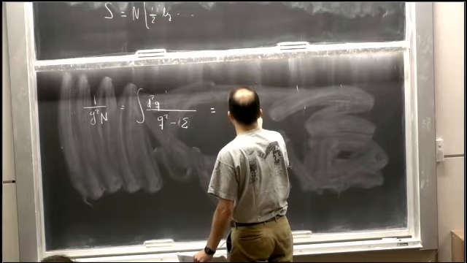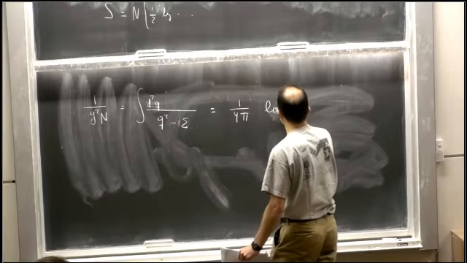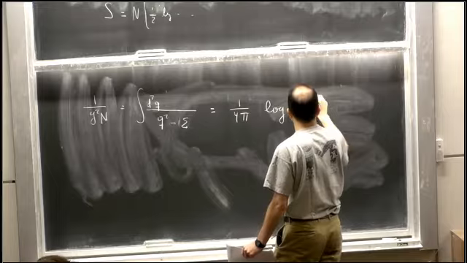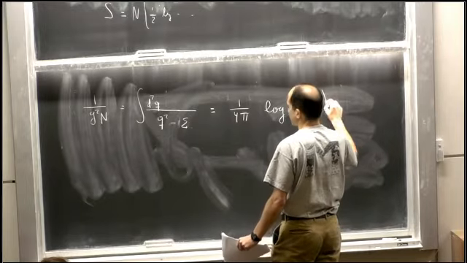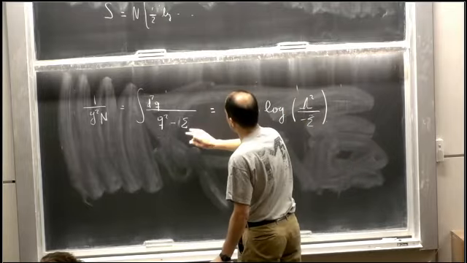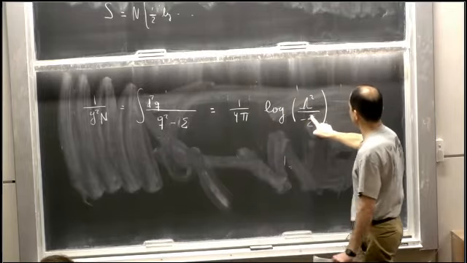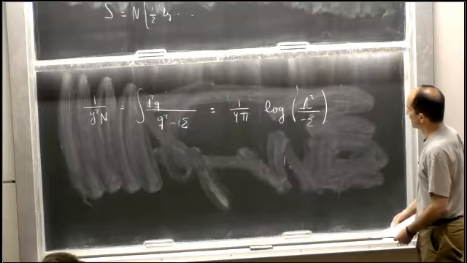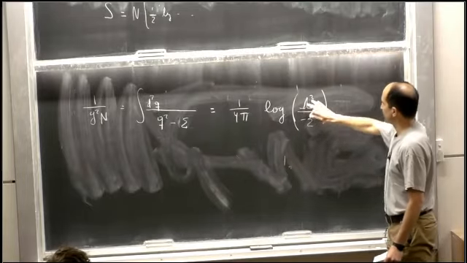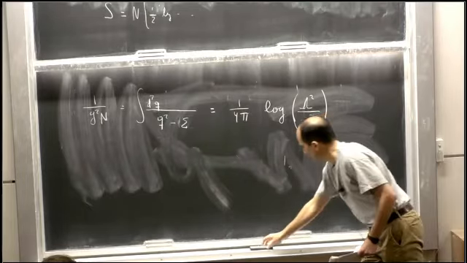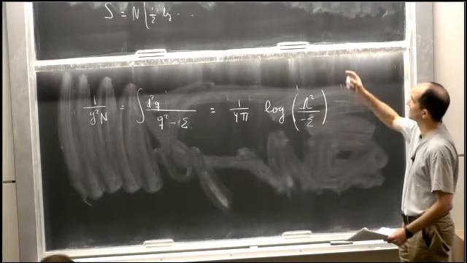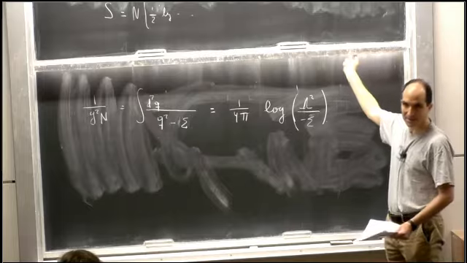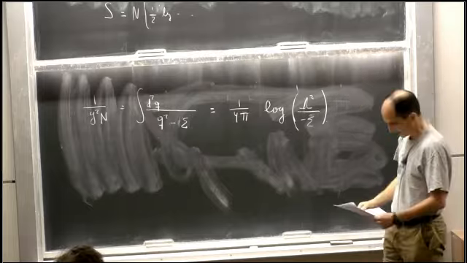Even with the pi's, you can show it's equal to log of lambda squared over minus sigma, minus sigma tilde. Well, sigma now will be the classical solution, so I'm not going to drop the sigma tilde. So it's UV divergent, and of course we expected some UV divergence and some logs because we said there would be a beta function.